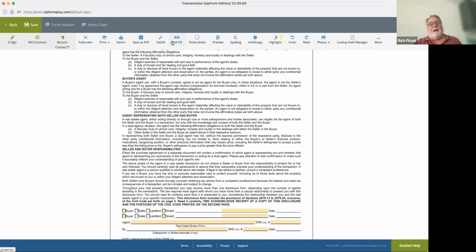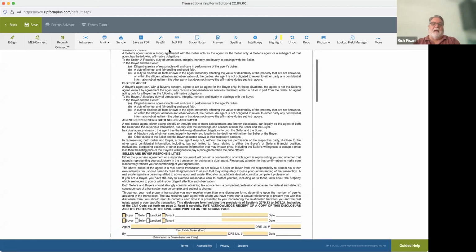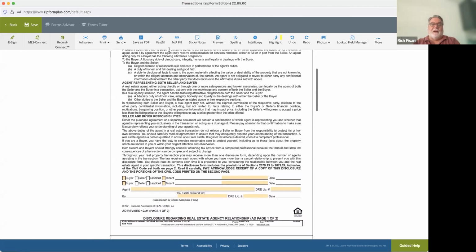So anyways, it's about the brokerage. It's not about the individual agent. So one agent in Calabasas and another agent in Calabasas who is representing one a buyer, one a seller, that's dual agency. That is all this disclosure is about. It's just informing the client of the different types of agency, and it's required by statute.